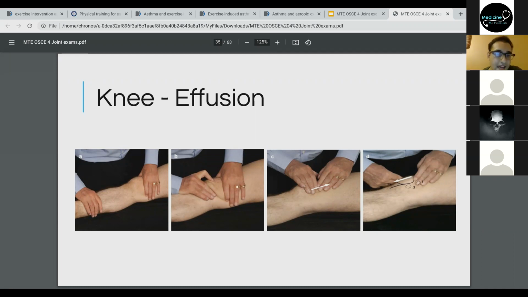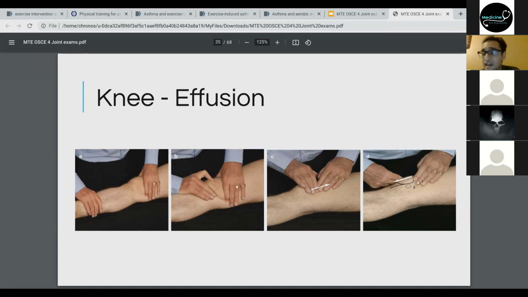In a normal knee, you won't get a patella tap. It won't feel like it's floating above some fluid, it'll just be firm. I find that a much easier sign to elicit than the sweep test. The sweep test, to me, is just a little bit too sexy for day-to-day use, and it's kind of weirdly intrusive for the patient.